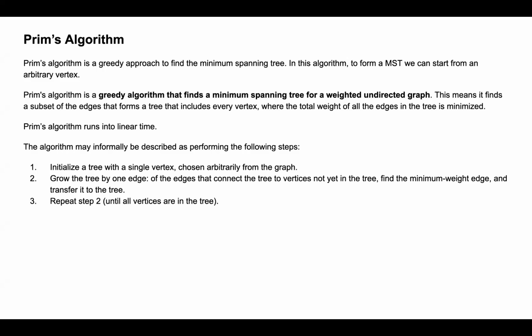Again, it is an undirected graph and weights are given there. From that only we are going to calculate the minimum spanning tree. This means it finds a subset of the edges that forms a tree that includes every vertex.